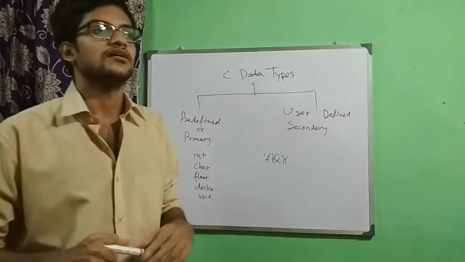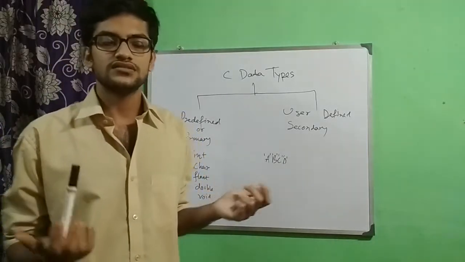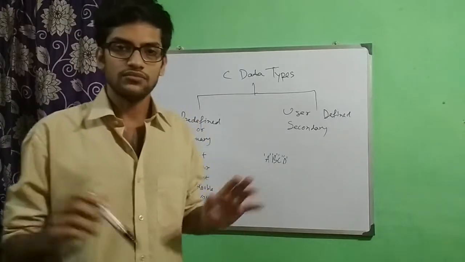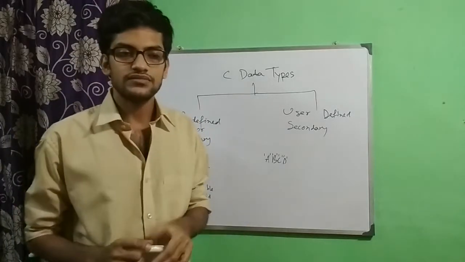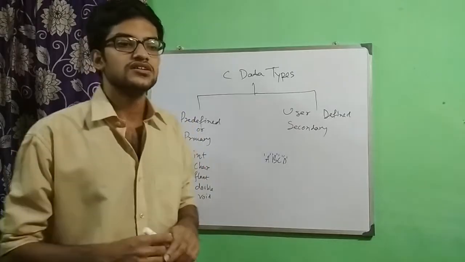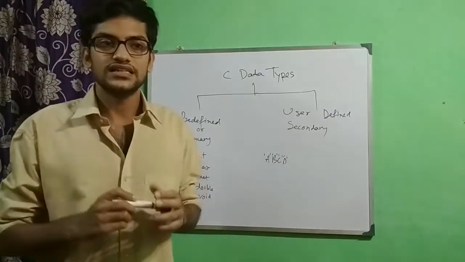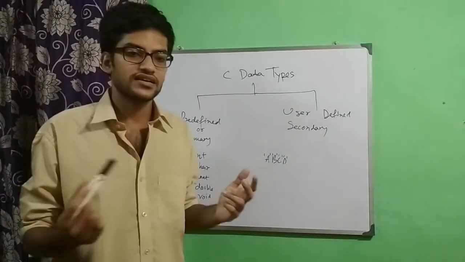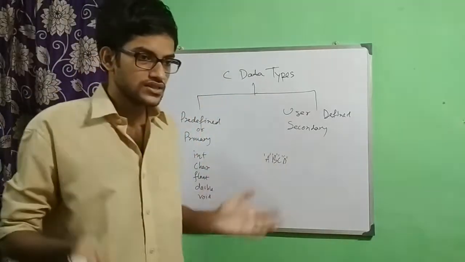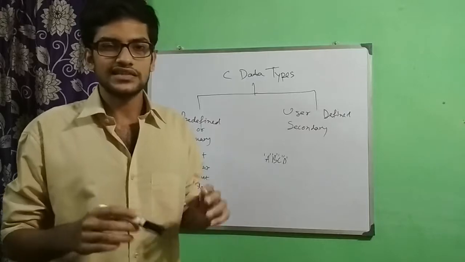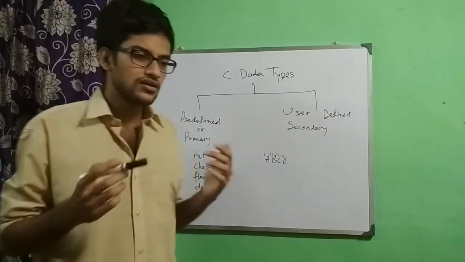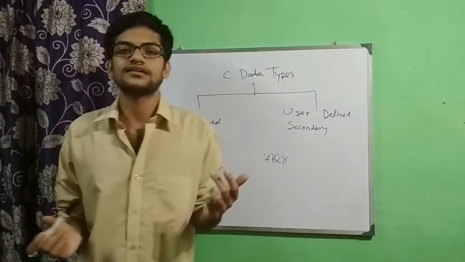Then we had the decimal number system, those 0 to 9 numbers, and we had special characters. So all of these, the alphabets, letters, the 0 to 9 numbers and special characters, can be known as characters.